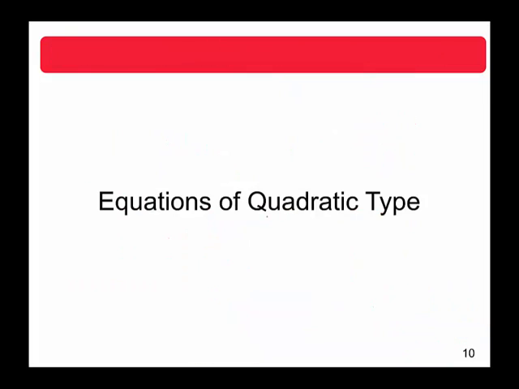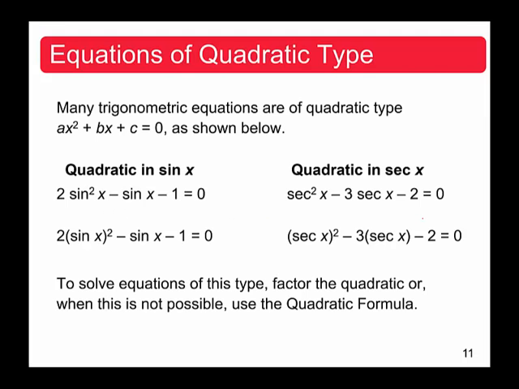And we can have a quadratic equation, for example in quadratic form, ax squared plus bx plus c equal to 0. In the first example, we get 2 sine squared x minus sine x minus 1. You can also think of this as 2x squared minus x minus 1 equal to 0. They are similar. The only difference is that the variable becomes a trigonometric function.